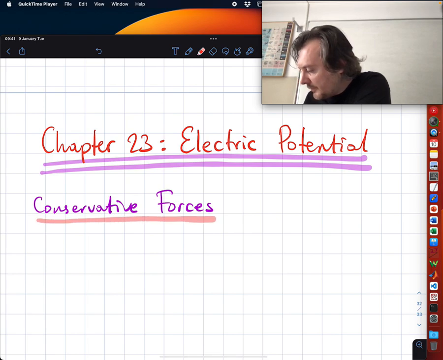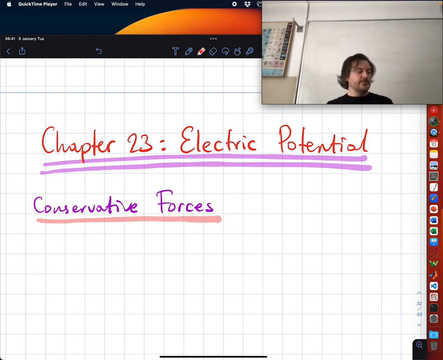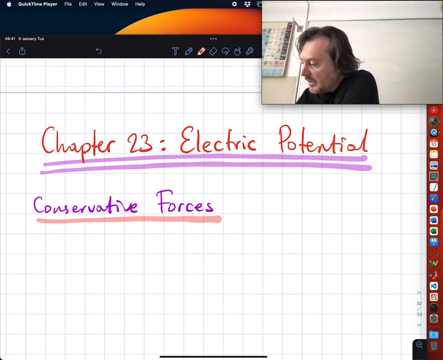Indeed, every force that we do know is conservative, except for friction, but it turns out friction is just a manifestation of our ignorance, and it's a long story. But conservative forces, for example, gravity.